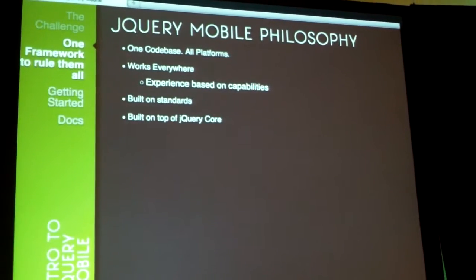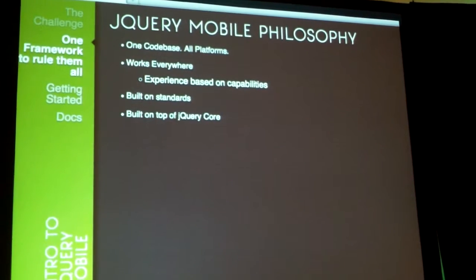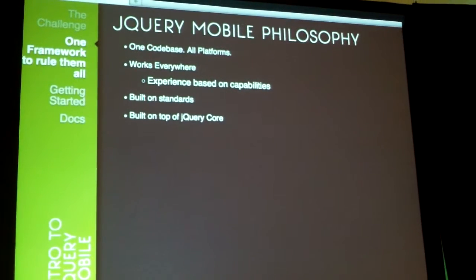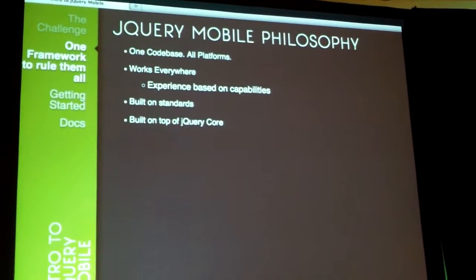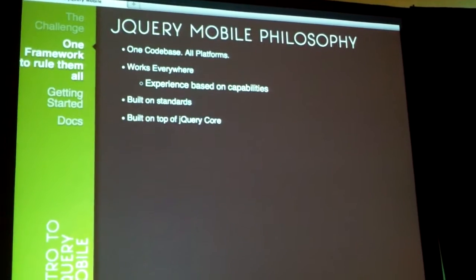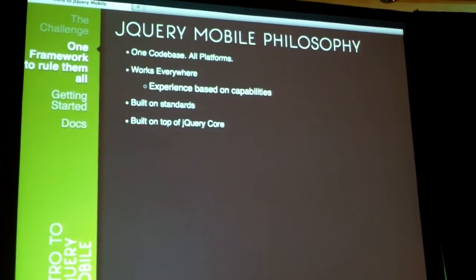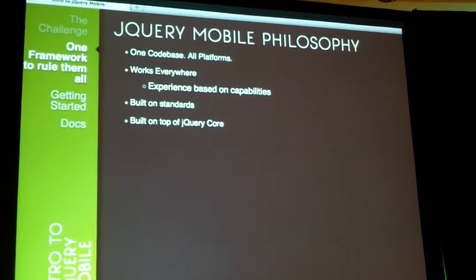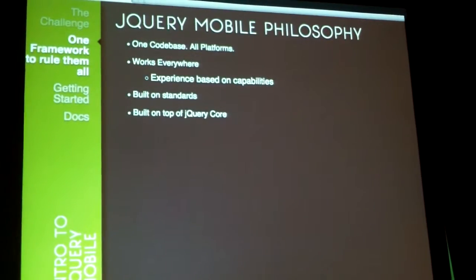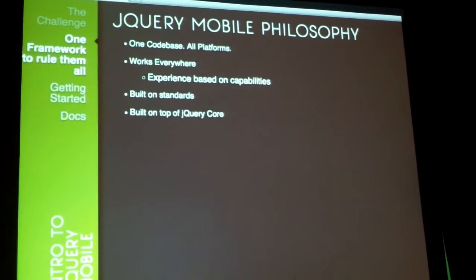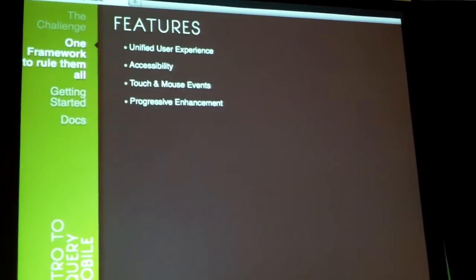They might not have the enhanced experience that comes along with smartphones, but they'll at least get something functional as well. And it's all built on standards: HTML5, CSS3. The languages that you're doing now for desktop is what we're targeting to work on mobile as well. And it's all built on top of jQuery Core, jQuery UI, and everything that our projects already contain. We're just building on top of them.